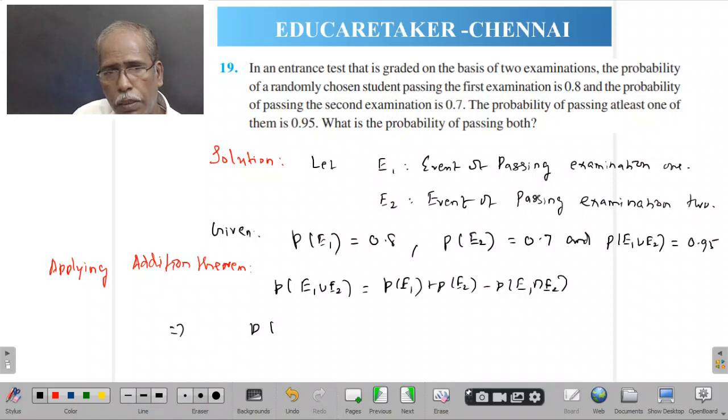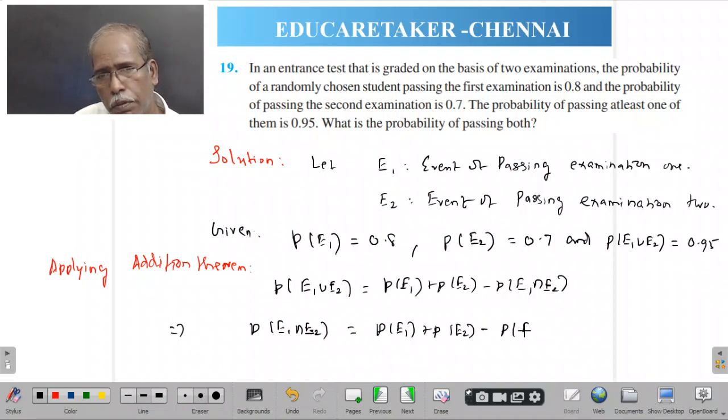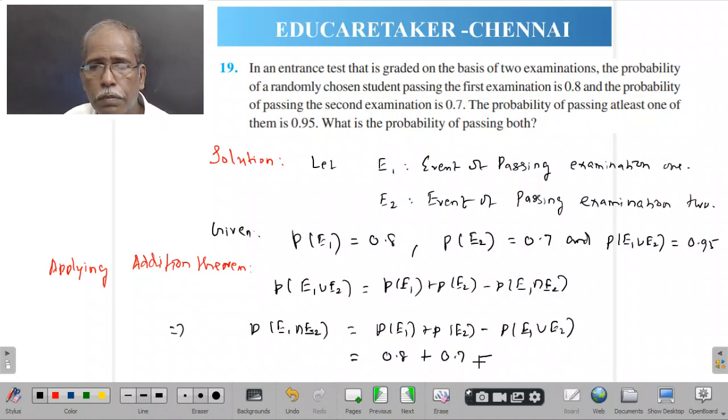Then P of E1 intersection E2 will be equal to P of E1 plus P of E2 minus P of E1 union E2. P of E1 is 0.8 and P of E2 is 0.7, P of E1 union E2 is 0.95.